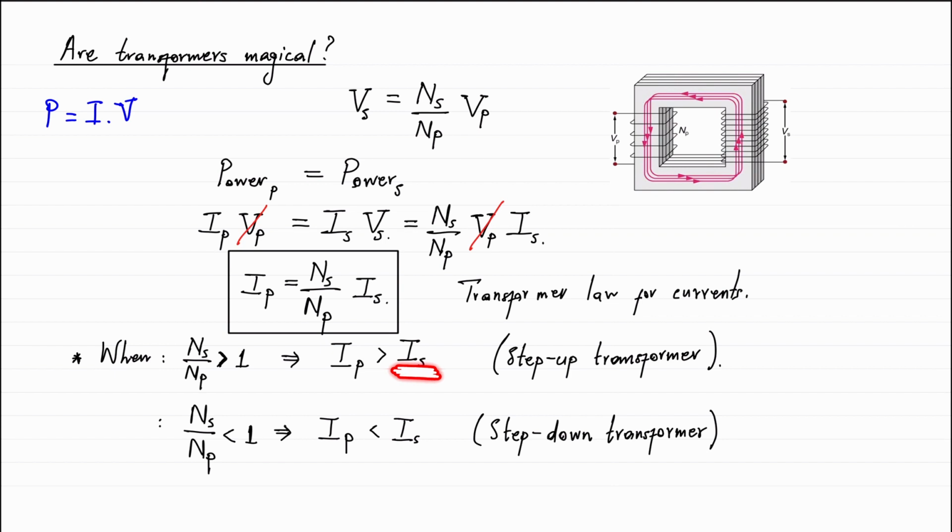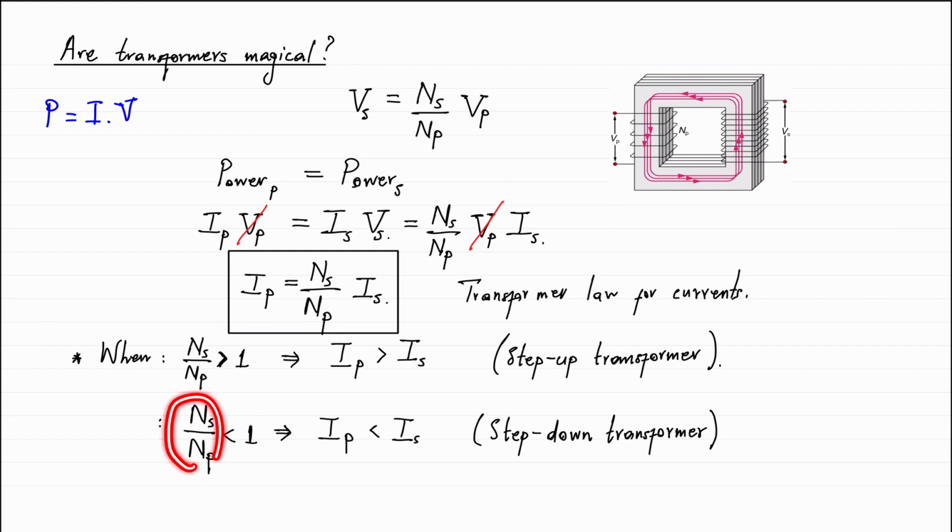The secondary current is going to be less. So yes, we've increased the voltage on the secondary side, but the cost was that we have lowered the current on the secondary side. The point is, a transformer is not magically making energy out of nowhere by increasing the voltage. It's just an interplay between voltage and current. That's all it is.